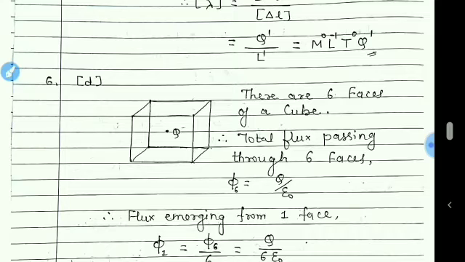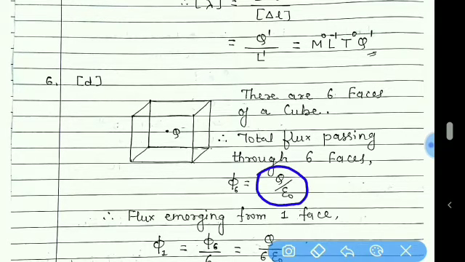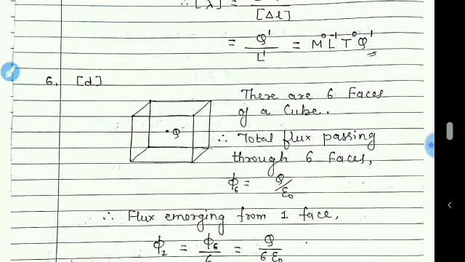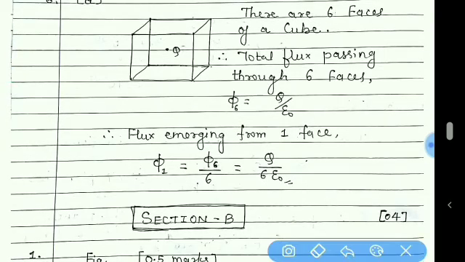Now this is the flux linked with the entire cube, but we want to find for only one face, and we know that a cube has 6 faces. So the flux linked with or emerging from only one face is one-sixth of the total flux.